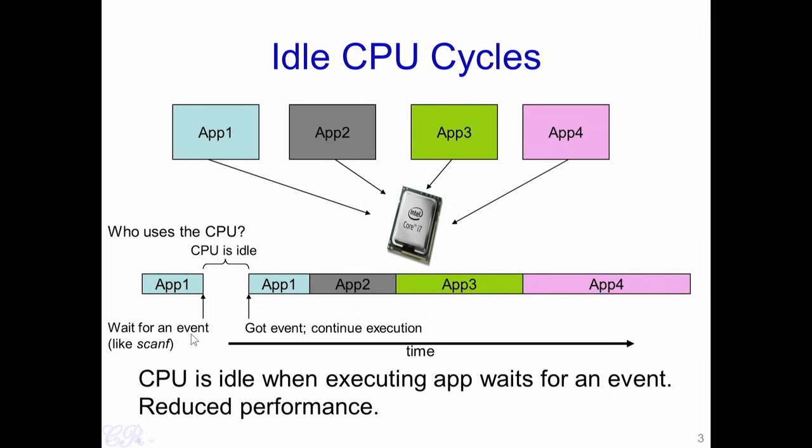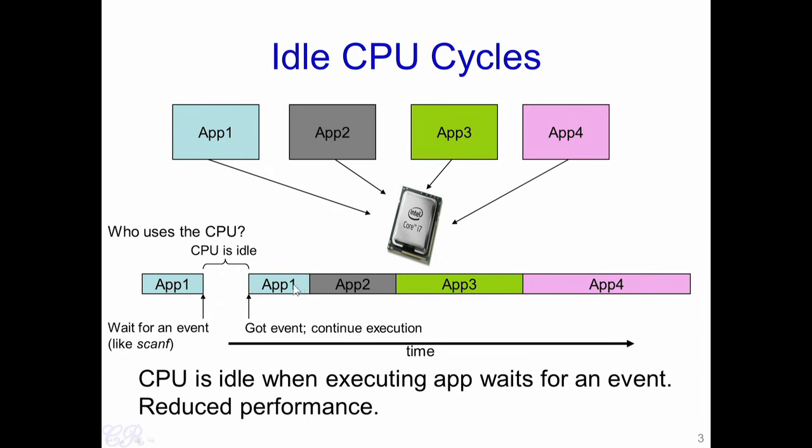Essentially, it is waiting for the user to input something on the keyboard. From this time onwards until the user actually presses a key, the CPU does nothing but wait idly. Essentially, it is wasting time. These are the idle cycle times of the CPU. Only when the event is obtained will application 1 continue to execute.